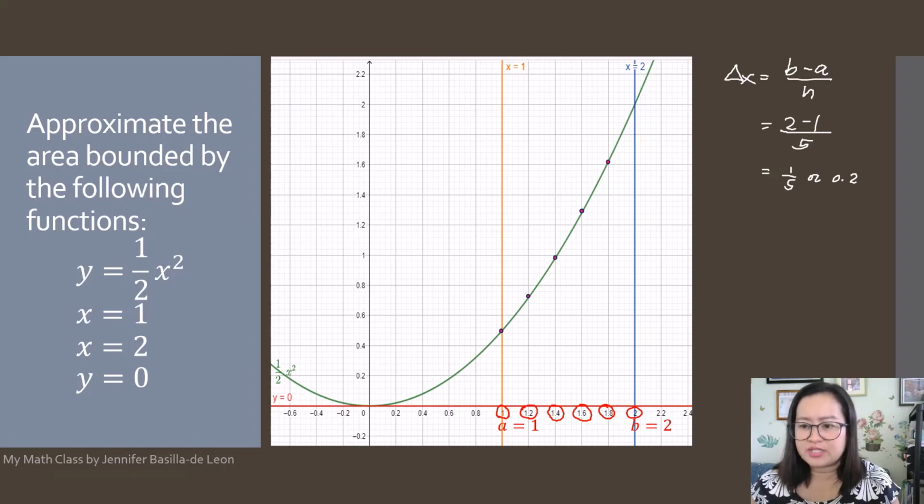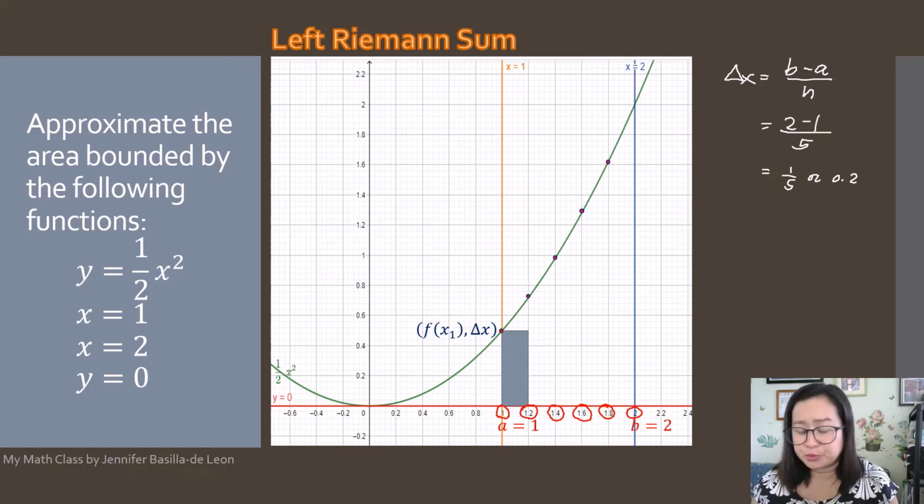Now let's say we decided to use the left Riemann sum formula. We can draw the rectangles and use the left vertex of each rectangle. Now to get the length and the width of this rectangle, we can have f of x sub 1 for the length and the width, which is delta x.